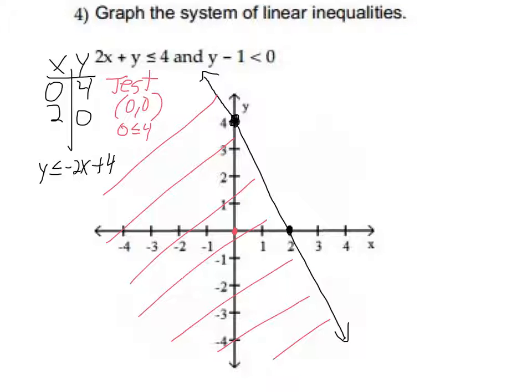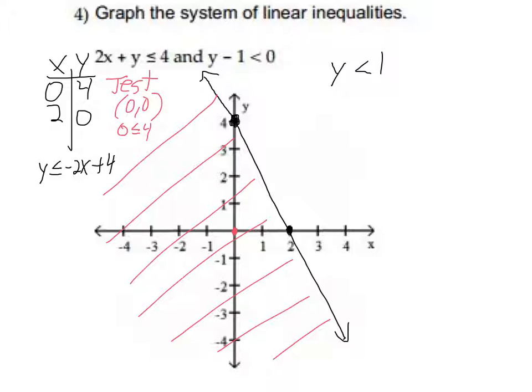Next step. y minus 1 is less than 0. There is something fishy about this equation: there's only a y. There's not an x. I can solve for y. y is less than 1. So when you have an inequality or an equation where you're expecting 2 variables like x and y, but you only have one, then it's a special line, either horizontal or vertical.